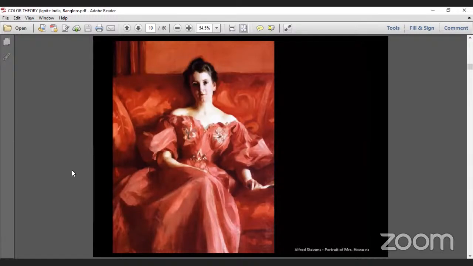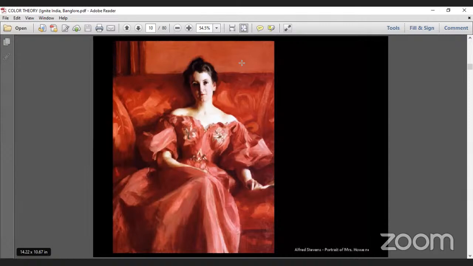Now, monochromatic compositions are compositions that are made out of one color. Now, why I am calling this a monochromatic composition, let me tell you first. Whatever you see in this composition, someone might say, okay, the color of the skin is different, color of the hair is different, dress and sofa might be somewhat the same. But the thing is that whatever you can see over here is either the change in the saturation of the color red, or else the increment or decrement of the value of the color red.